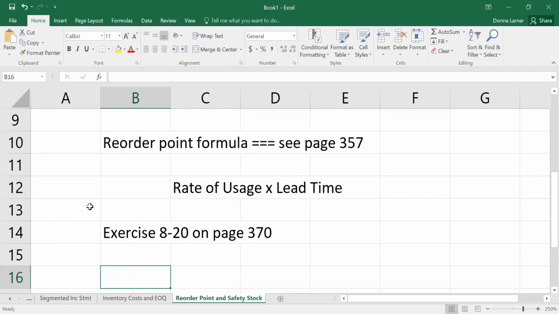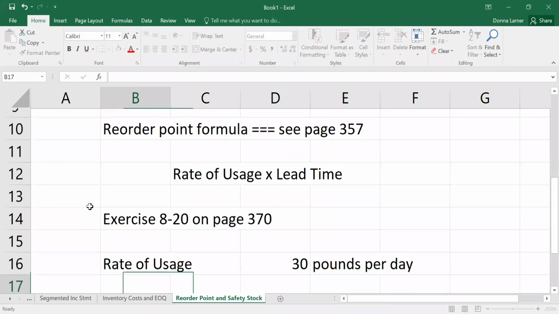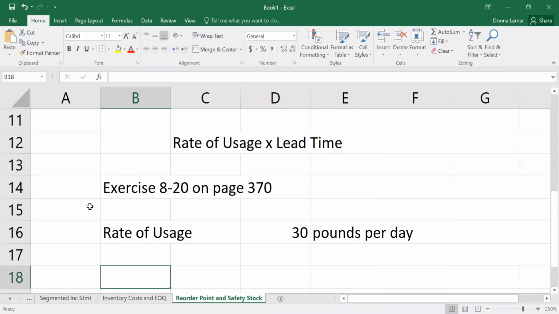They use it evenly at the rate of 30 pounds a day. So there's your rate of usage. And the lead time, how long the order takes to get to me, is also told. It says it takes 5 days from the time of order to the arrival of the order.